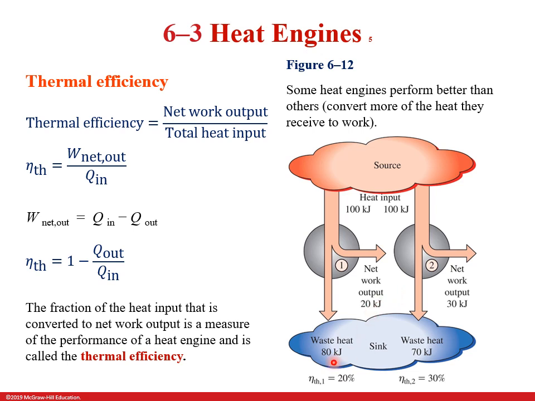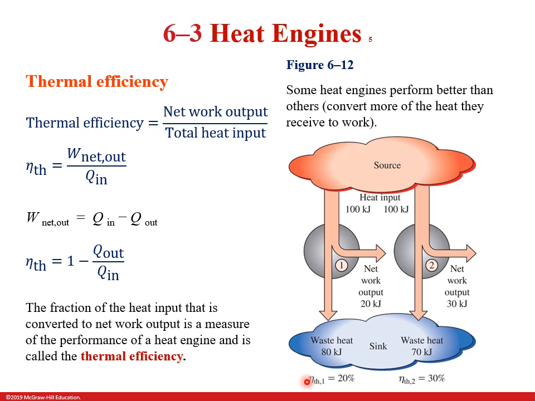If we look at the waste heat, over here we're dumping 80 kilojoules. Over here we're dumping 70 kilojoules, right? So just looking at this process, you can see intuitively, okay, we're dumping more waste heat from process 1 than process 2. We're converting more heat into work over here than we are over here.